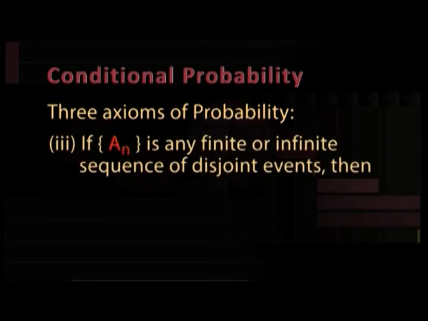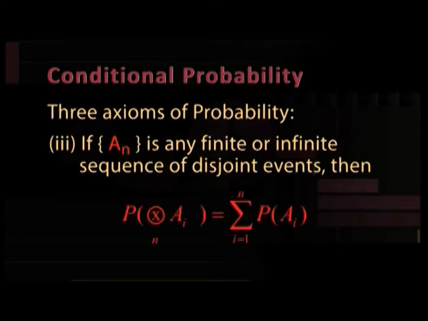The third axiom is if A n is any infinite or finite sequence of disjoint events, then probability of union of A i is the same as the summation of probabilities of A i.